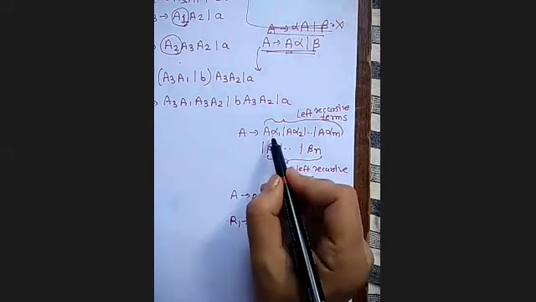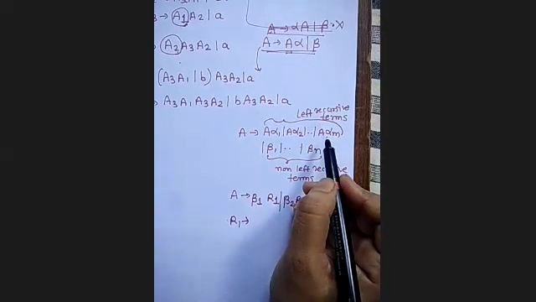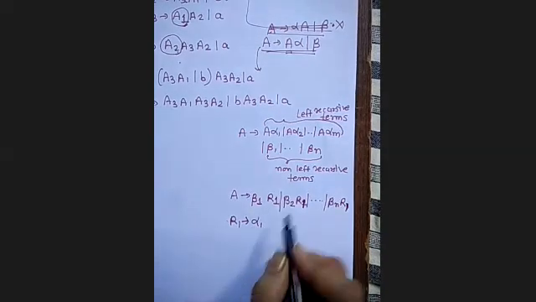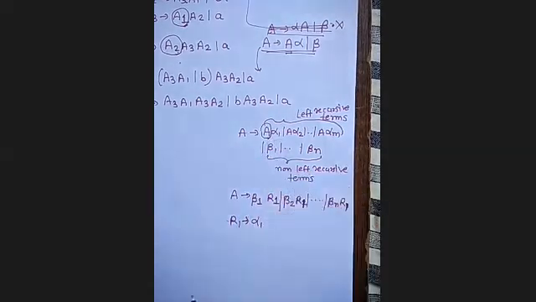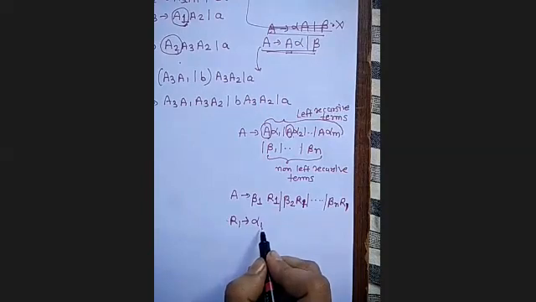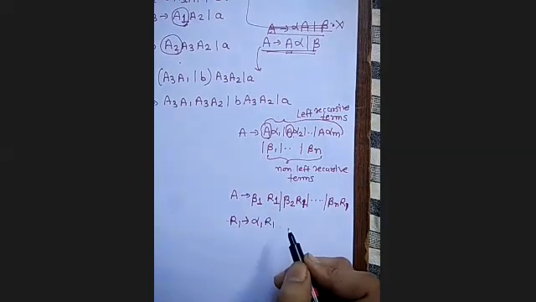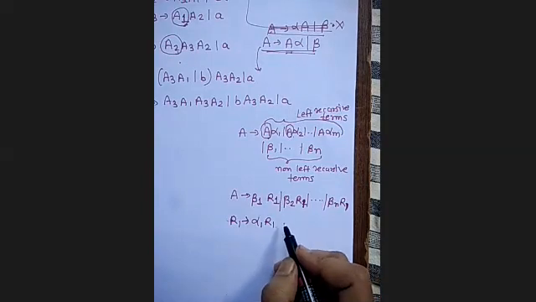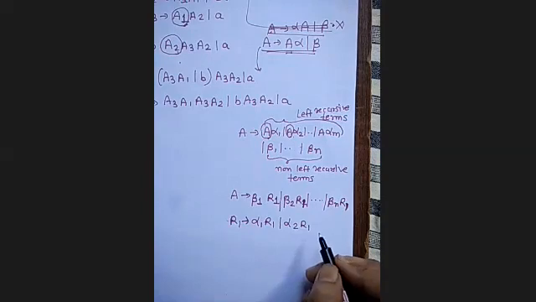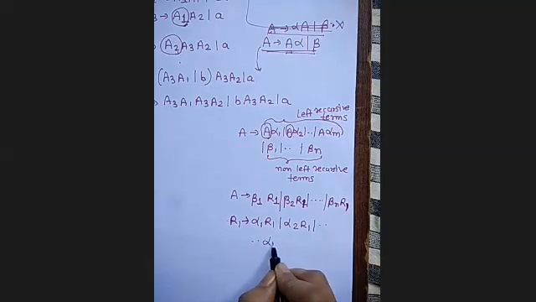So for R1, each of these left recursive terms you have to consider without the first symbol A. Consider alpha 1, again followed by R1, alpha 2 followed by R1, up to alpha m R1, and at the end epsilon.